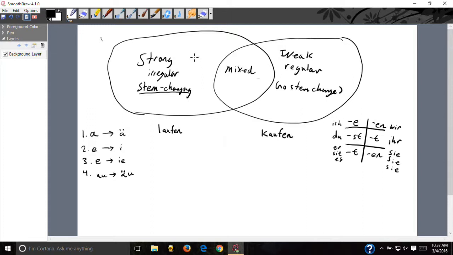The verbs, Verben, have a couple of different types, but since we're in an introductory course, I will talk about just two here. Strong verbs typically are irregular and have stem changing, and over here we have weak verbs that have regular endings and no stem change.